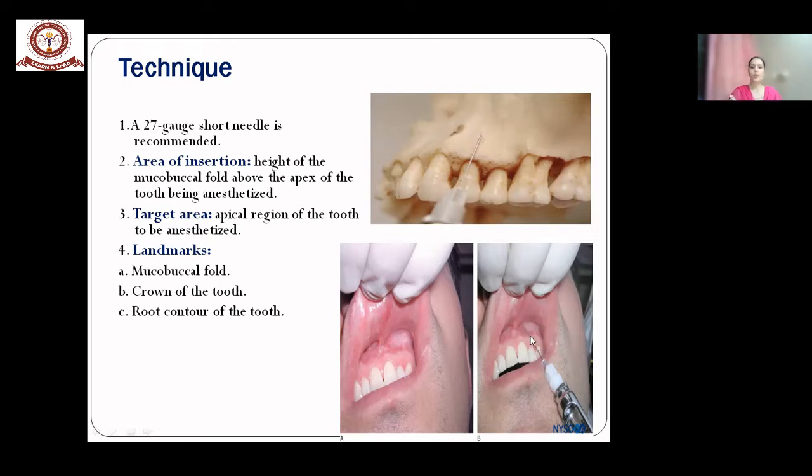That is how to orient the syringe. The syringe should be held parallel to the long axis of the tooth at the height of the mucobuccal fold, particular to the tooth where we are going to do the procedure, that is the apical region of the tooth at the mucobuccal fold.